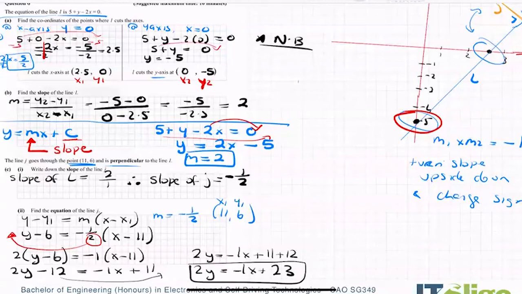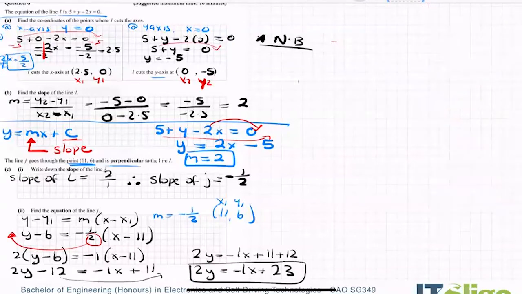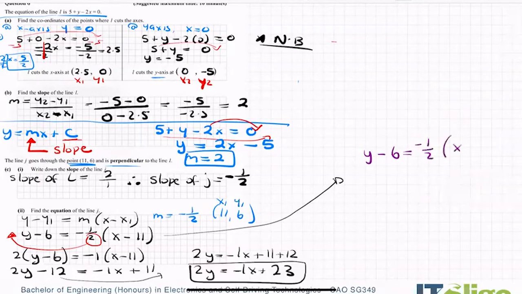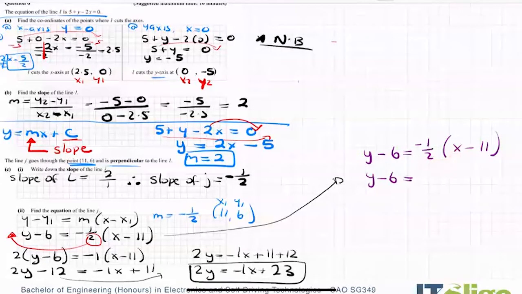If you didn't want to bring that up, let me just rub out the lines now. Let's go from here again. y minus 6 is equal to minus a half times (x minus 11). You could have gone y minus 6 is equal to minus a half by x, which is minus a half x, minus a half by minus 11, and of course you can do that in your calculator, is 11 over 2.